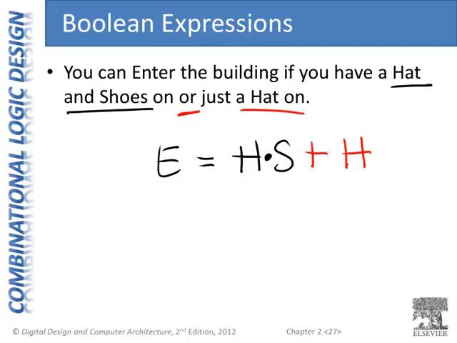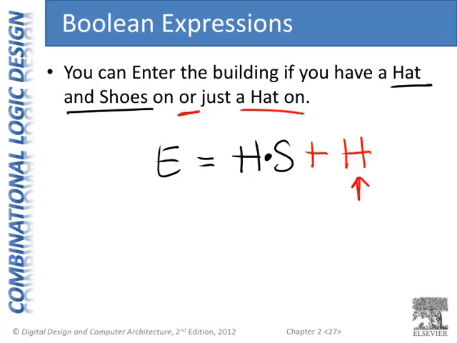So you show up to the building, you have a hat on, do they let you in? Yep. A hat and shoes on? Yep. A hat, no shoes on? Yeah, they do, because of this term.